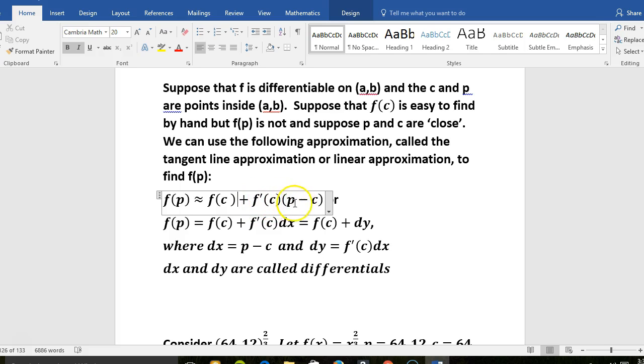And of course, 1.99 minus 2 would be negative 0.01, that's negative 1 over 100. So you'd multiply f prime of c by negative 0.01. You can do that by hand. Get this, and separately get this, and add the two, and I'll show you how it works.